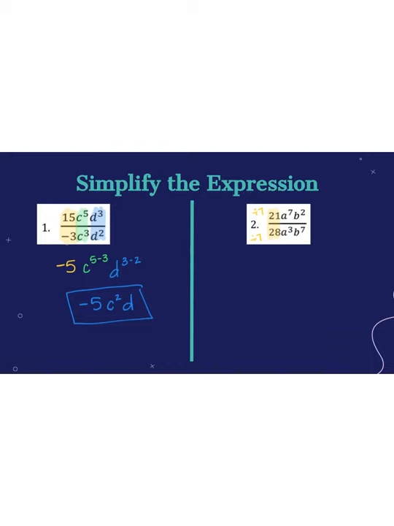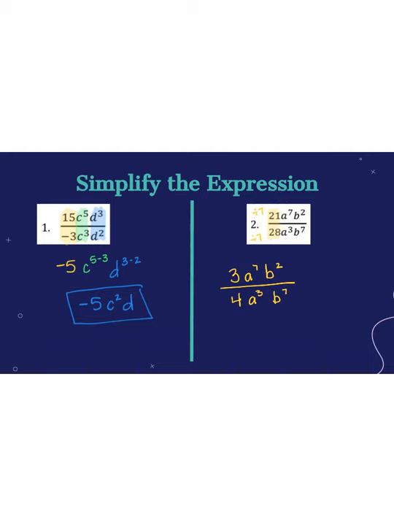Okay, so 21 divided by 7 will give me a 3. And then 28 divided by 7 is going to give me a 4. So we did those. Now I'm just going to rewrite this. A to the 7th, B to the 2nd, and we have A to the 3rd, B to the 7th.